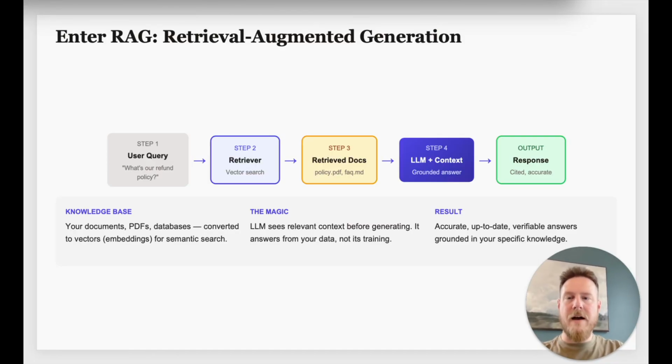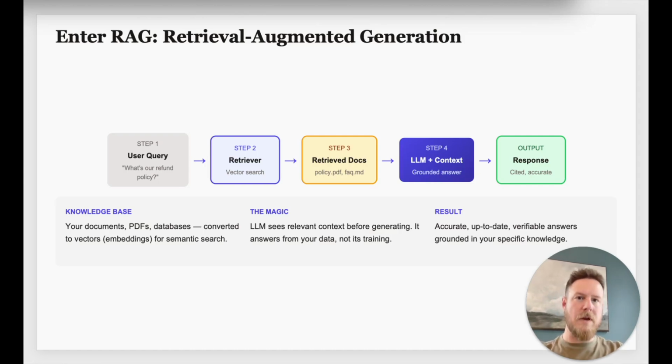So down below I've highlighted 3 things. The knowledge base can come from your documents, your PDFs, your databases. This is all converted to vectors, which we could talk about a little bit further, for semantic search. And then the magic here is that the large language model sees the relevant context from your policy before it generates a response. So it answers based on your data, not just based on its training.